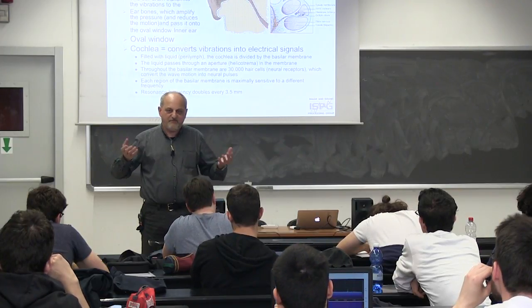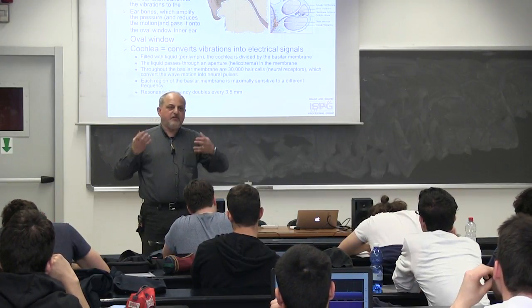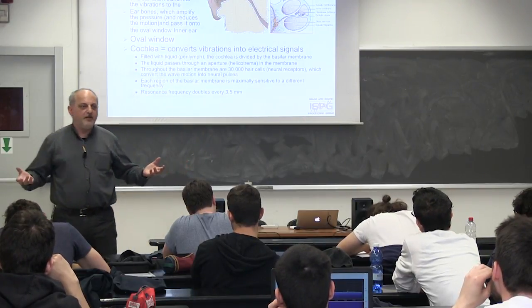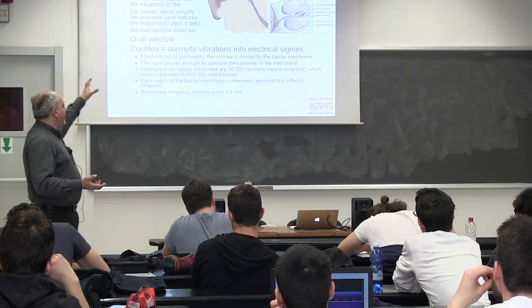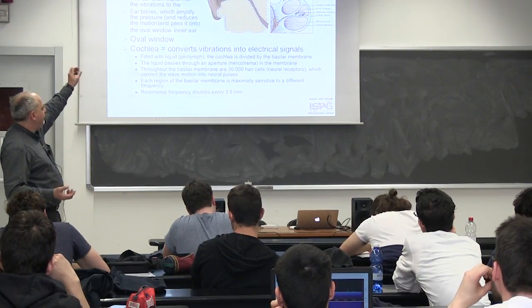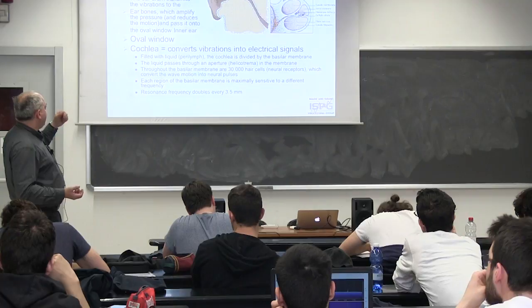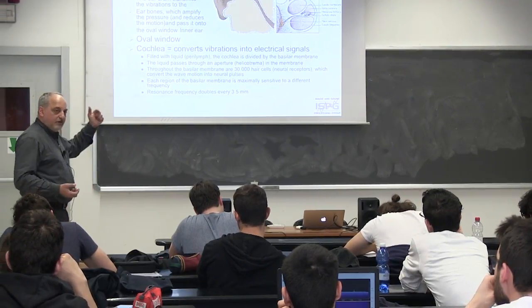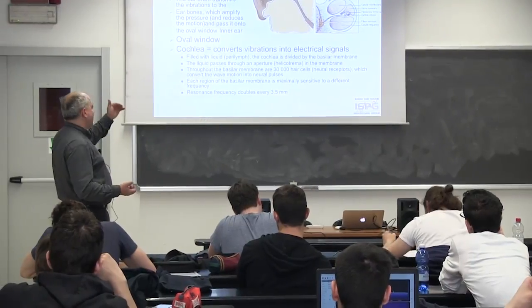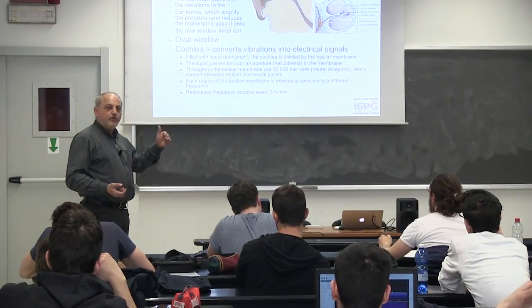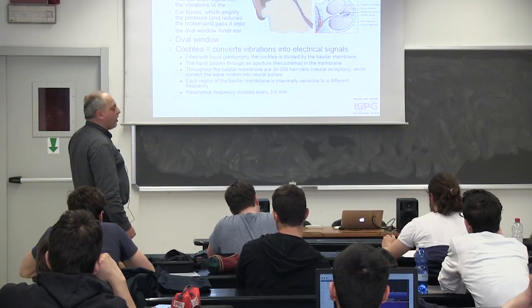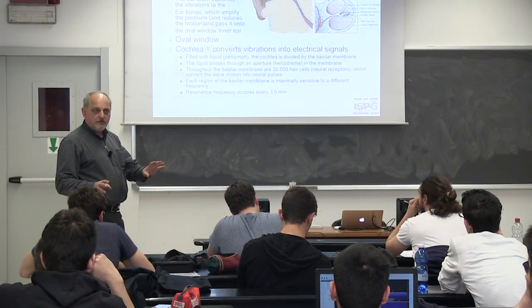So the same amount of energy needs to be distributed over a much smaller surface. So you need basically a transformer. And the levers that are depicted there, the three ear bones, tend to perform this amplification of the pressure and consequent reduction of the motion in order to pass that energy into the liquid, the perilymph, that is included inside the cochlea. Is this quite clear?